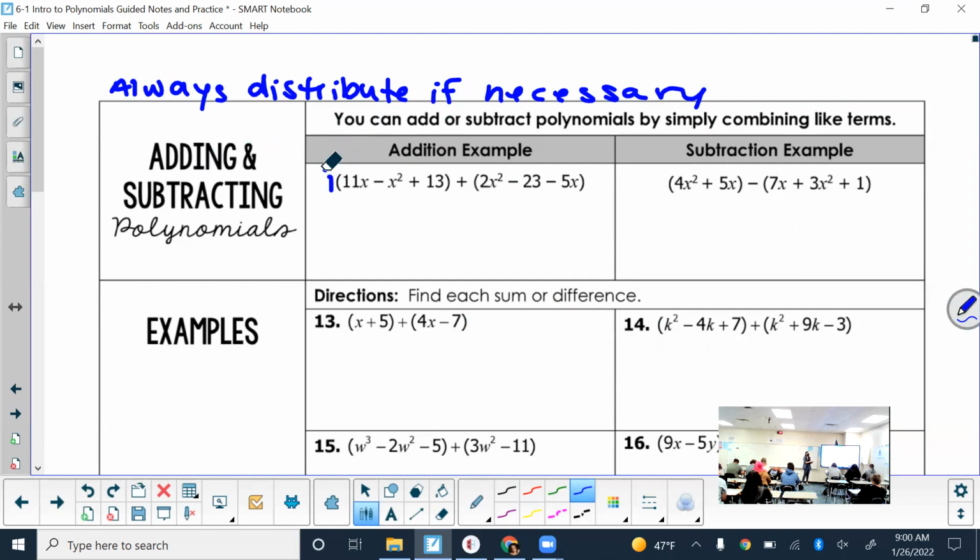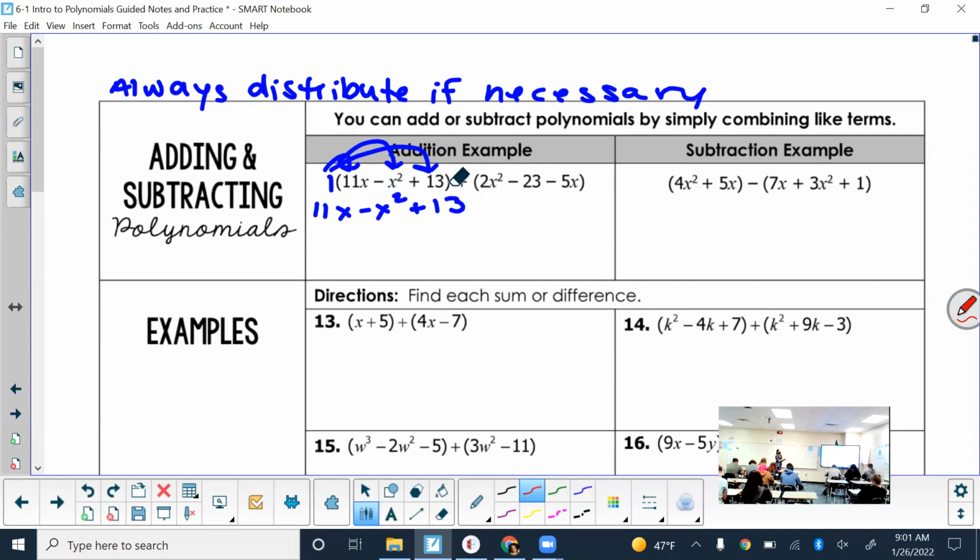Now when I distribute the 1, does it change anything really? No, but it does get rid of the parentheses. And then sometimes it does change stuff, and we'll talk about that in a little bit. But distributing a positive 1 doesn't really change anything. It's still 11x minus x squared plus 13, just without parentheses.